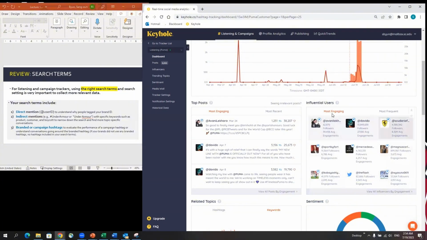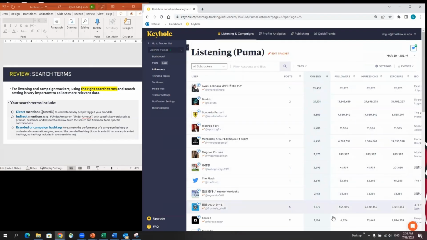We list 9 key users, but if you click a user on this tab, you will go to their page, their account. Instead of clicking here, you can click this link or go directly to the influencer tab. It's already sorted by engagement. So these top 9 are listed on the dashboard page.